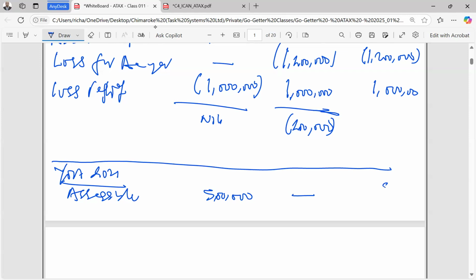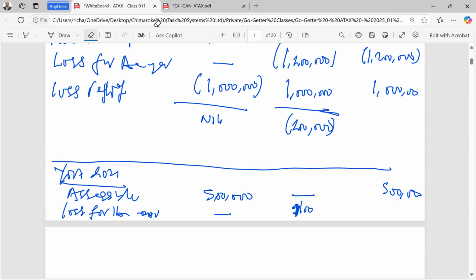So your assessable profit is 500. Then you now bring loss for the year. For the year, there was no loss here. Let's say you made 100,000 loss.